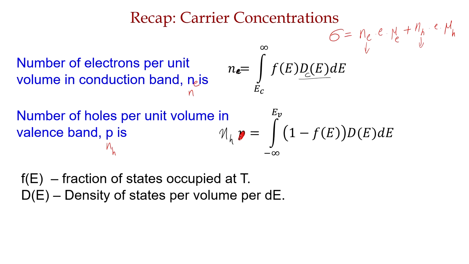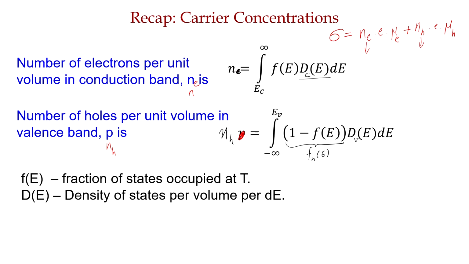Likewise, the hole concentration is determined as the probability of finding a hole, which is 1 minus Fe, multiplied by dVe, the density of states in the valence band, integrated from minus infinity to Ev, the upper edge of the valence band.